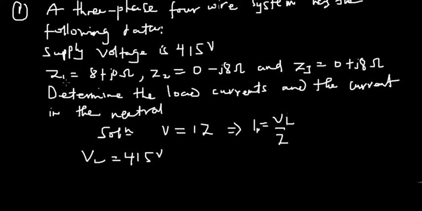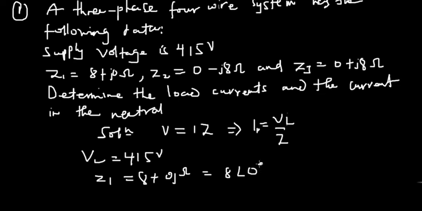So we have Z1, Z2, and Z3. Let's look at how the Z's are represented. Z1 is positive 8 plus J0, similar to this format, so we have 8 plus 0J ohm. In case you are writing in polar form, it is something like this.